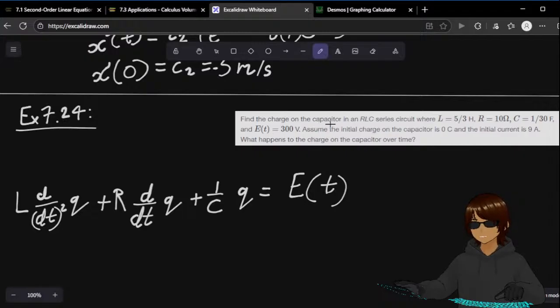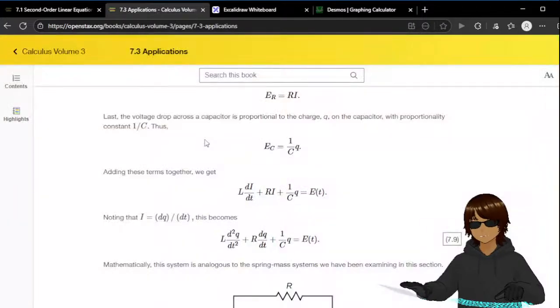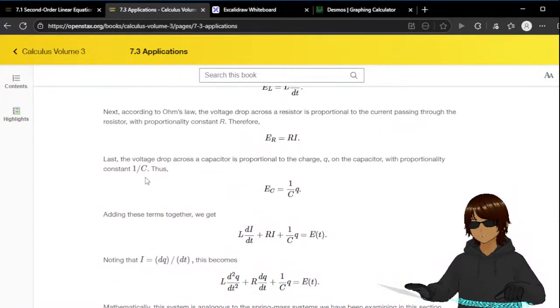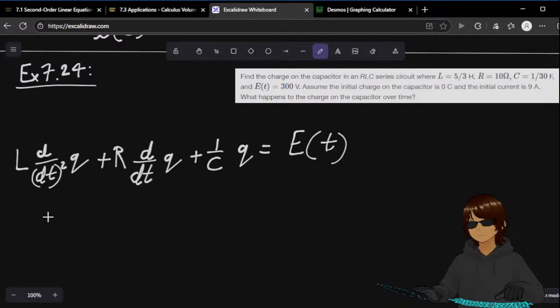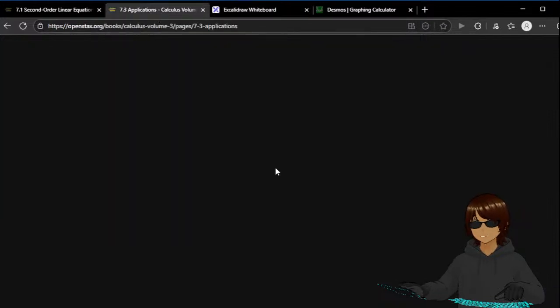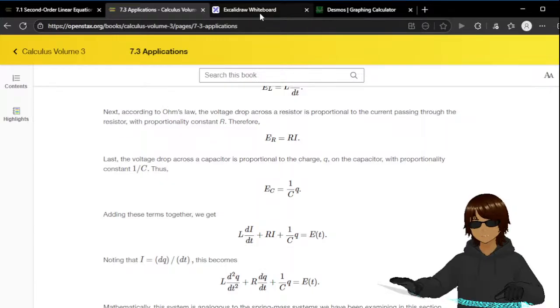Find the charge on the capacitor in an RLC circuit. So EC is equal to 1 over C times Q. The charge on a capacitor is this.